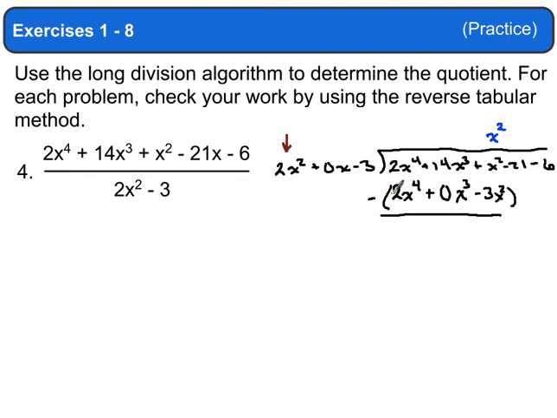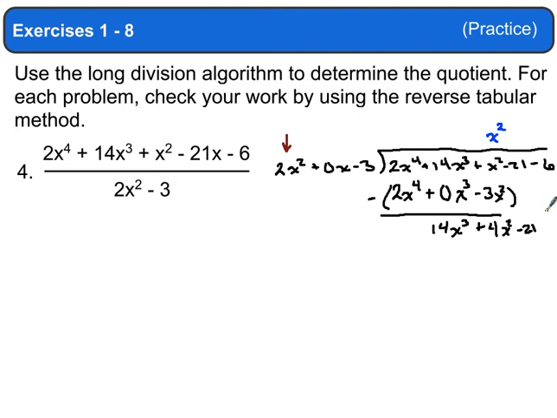Yeah, 14. 14 minus 0 is 14. So we get 14x to the 3rd, and then 1 minus negative 3. So that'll be like saying 1 plus 3, and so that'll give us plus 4x squared. And then we're going to bring minus 21x down.